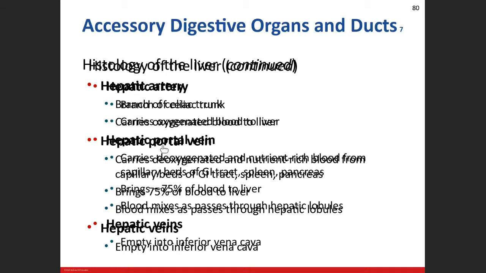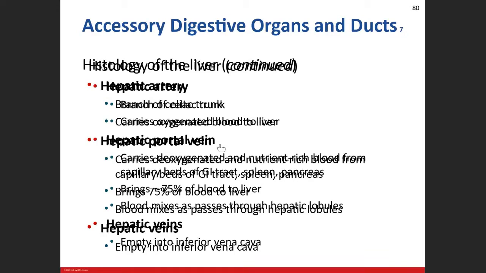So lots of fats, proteins, nutrient-rich stuff. So these veins are going to be loaded down with tons of nutrients, and they're going to come up into the liver, and they're going to dump about 75% of whatever they have into the liver.